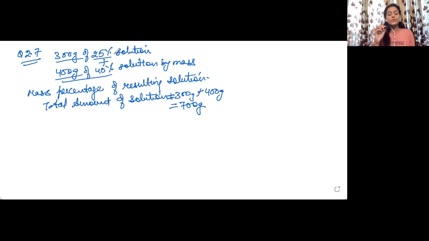Now, if we say that 25% solution is there, this means 25 gram of the solute is present in 100 gram of solution. So if we have 300 gram of solution, we can find out the amount of solute.